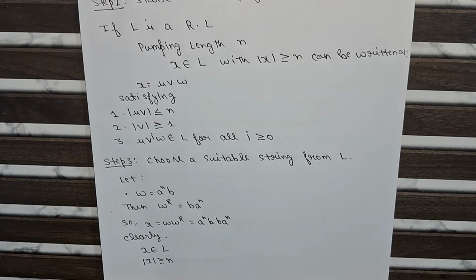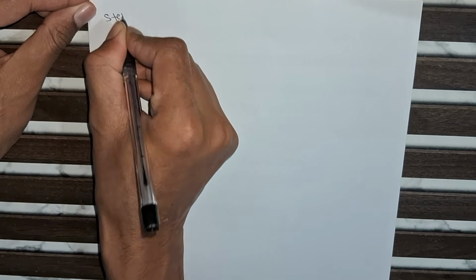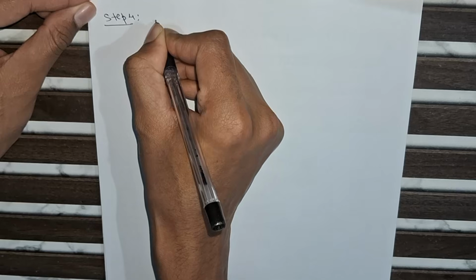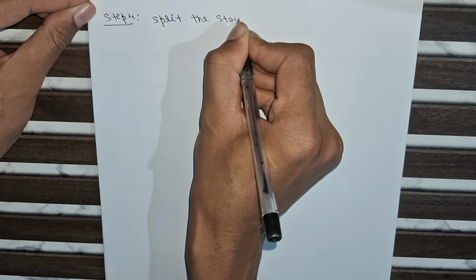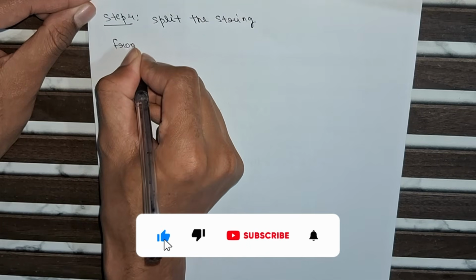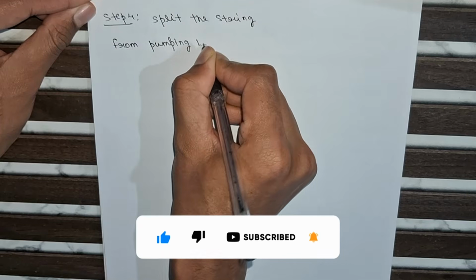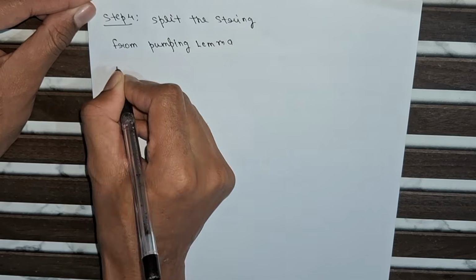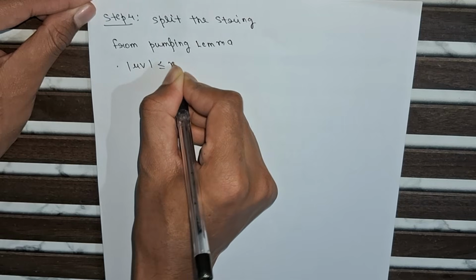Now we will move to step 4. In this step we will split the string. From the pumping lemma, length of uv is smaller than or equal to n.